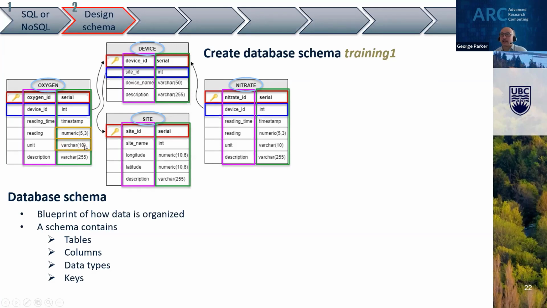Unit, varchar 10. So I use varchar 10 to allow unit to store variable characters up to 10. So anything less than 10, you don't have issues. Anything above 10, you will get a complaint.